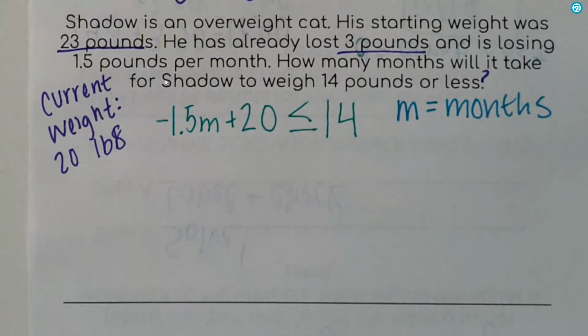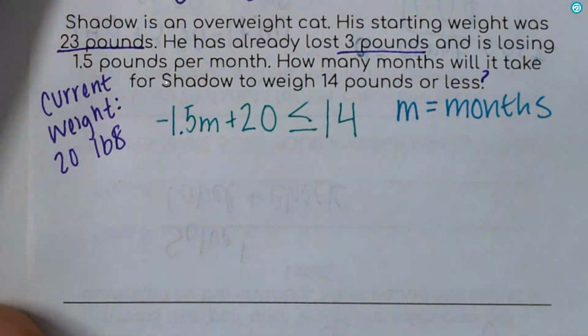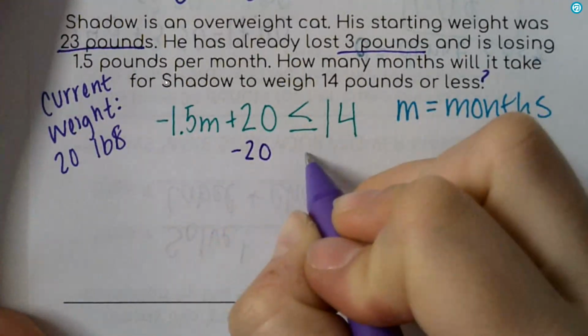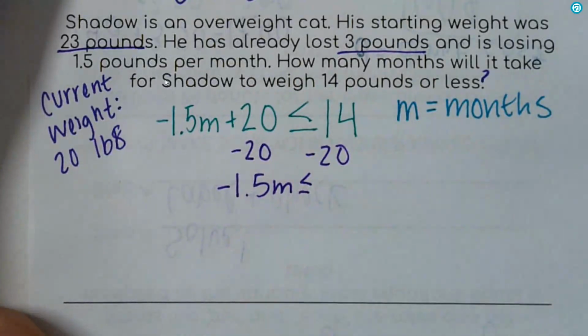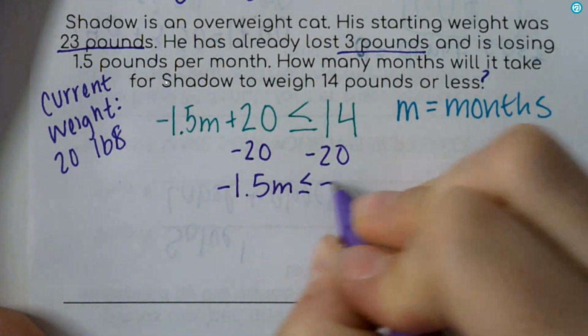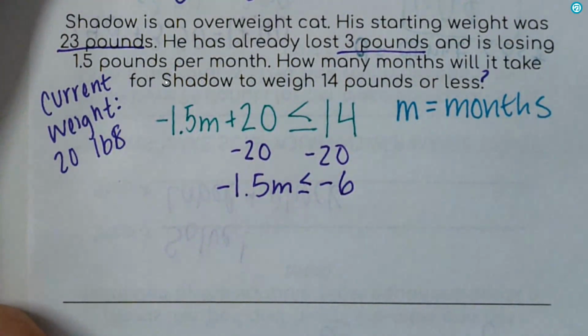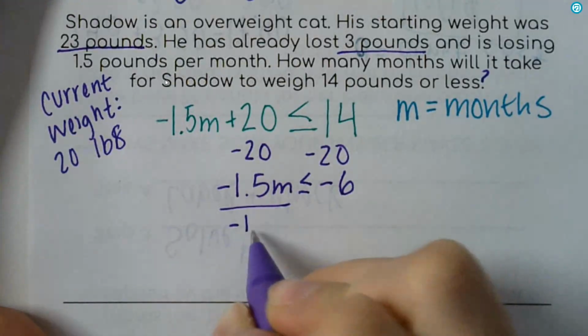Okay, so from there, we are going to solve. We will subtract 20 from both sides. Negative 1.5 m is less than or equal to 14 minus 20, which is negative 6. I'm going to divide both sides by negative 1.5.